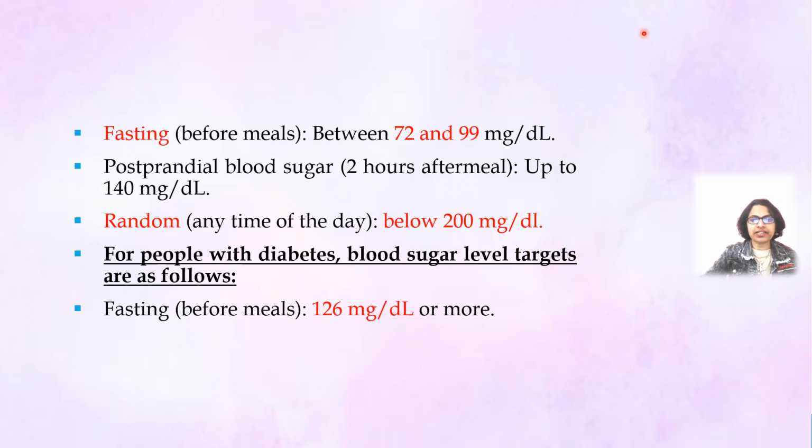For people with diabetes, blood sugar level targets are as follows. Fasting, before meals, is 126 milligram per deciliter or more. So what is this? If the patient is suffering from diabetes, his fasting level is 126 milligram per deciliter or more.